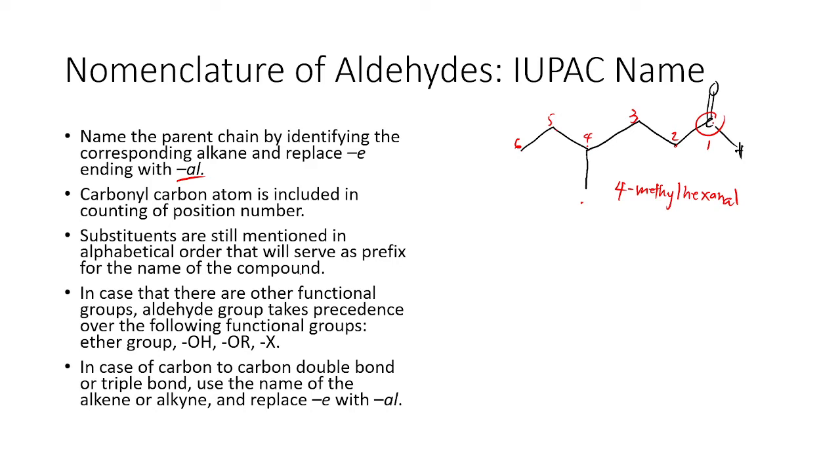So another example. So nabanggit kanina yung regarding dun sa paano kung mayroong ibang functional group. So, anong gagawin natin? So, for example, I have here this 1, 2, 3, 4, 5. So, we have here a cyclic analog.